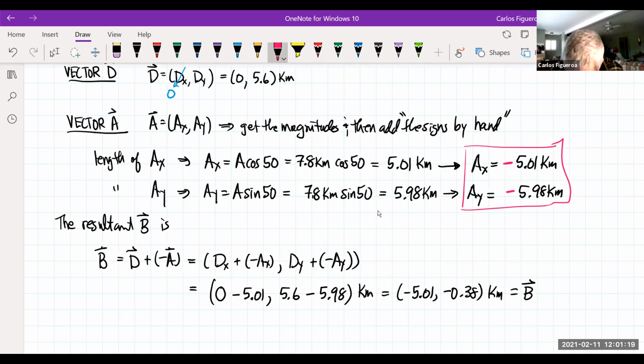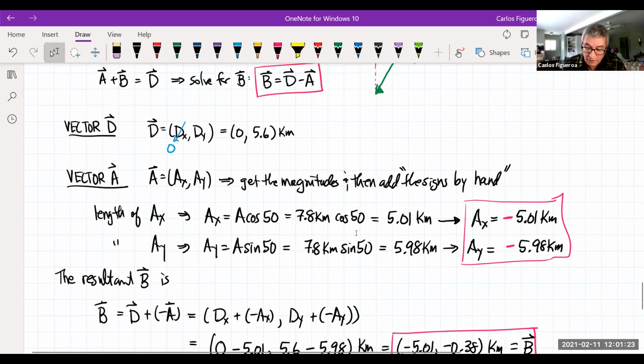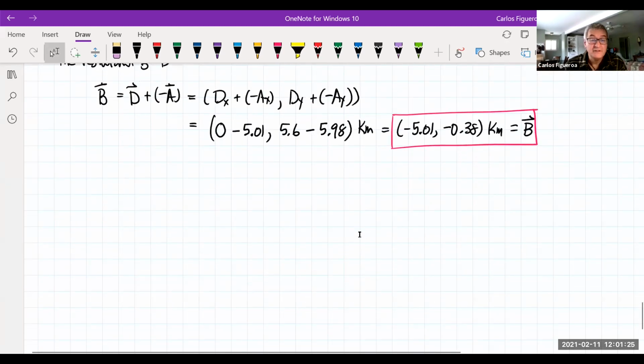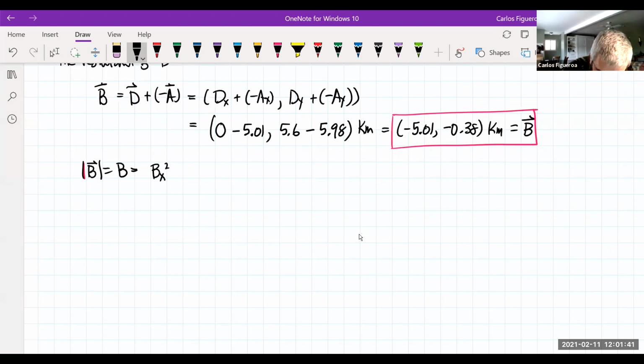So now I have my vector B. So what am I going to do? I'm going to go in and get the angles. If I look at the magnitude and the angle, the magnitude of B is going to be the square root of bx squared plus by squared.